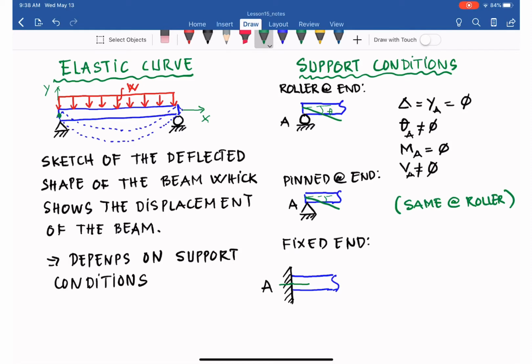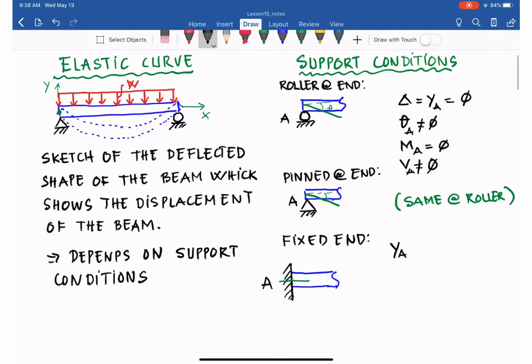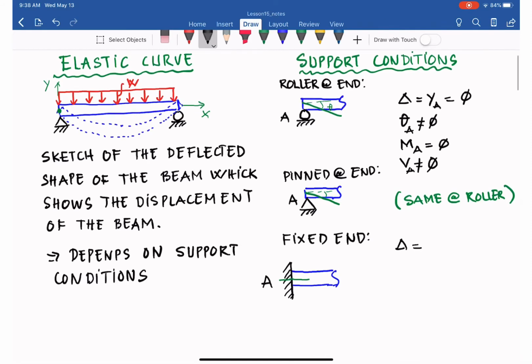So what we have here is YA for the fixed end. We have YA, and that also delta that the book says. So delta, which is the vertical deflection at that point A, is 0, and then the theta A at point A also 0 for the fixed end.